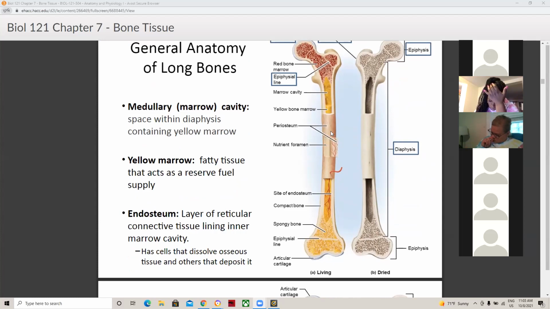So we have an internal medullary cavity within the diaphysis that contains, in adults, yellow bone marrow, which is a fatty tissue that can act as a reserve fuel supply.